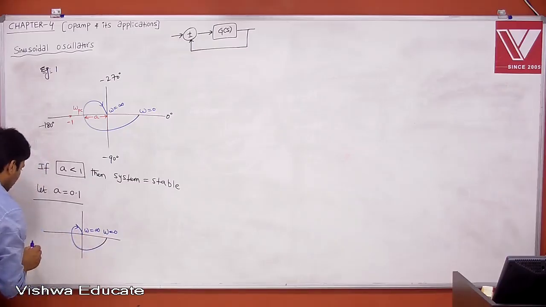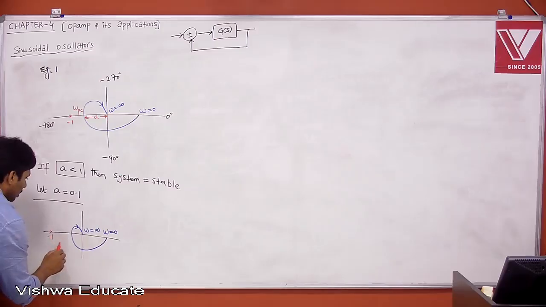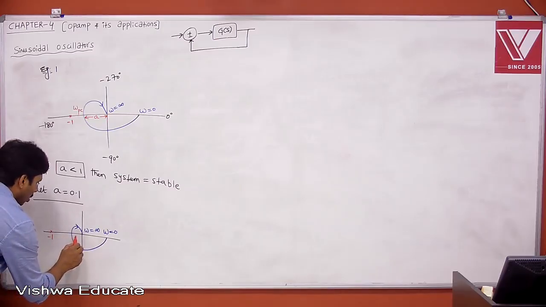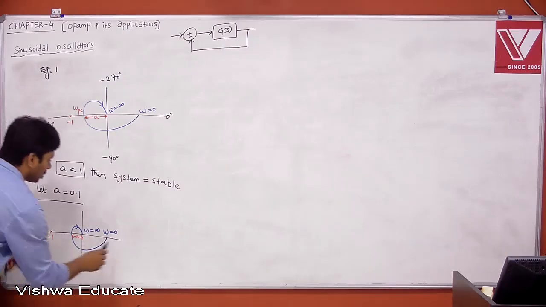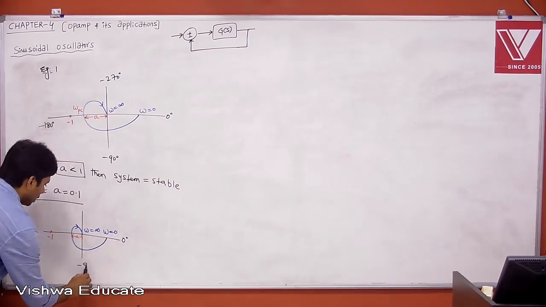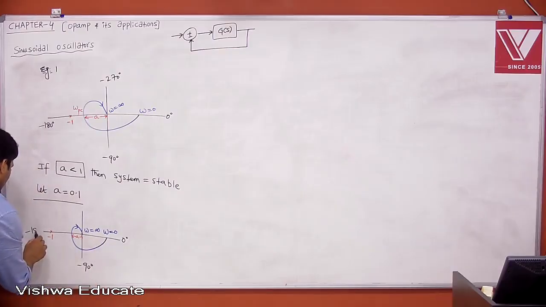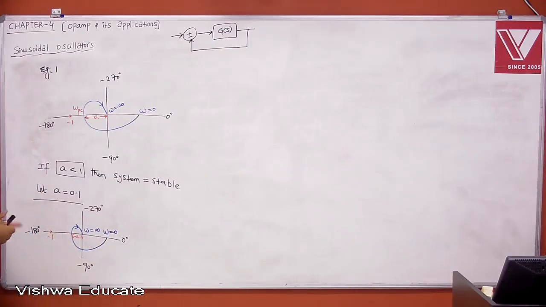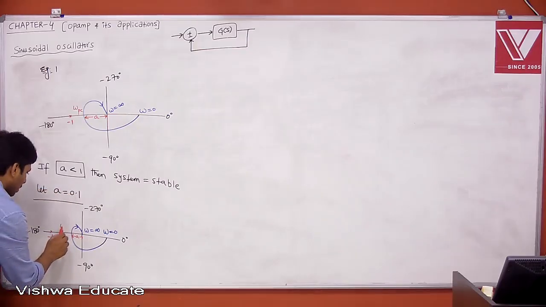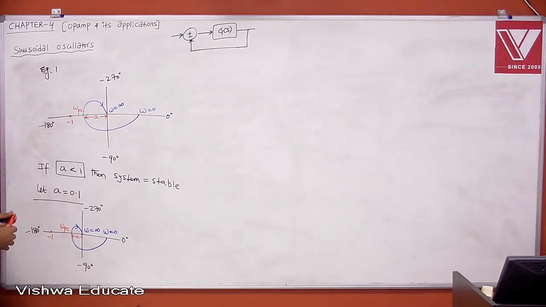This is your minus 1, and this is your A, which is 0.1. This is 0 degrees, minus 90, minus 180 and minus 270. Now A is equal to 0.1 at the phase crossover frequency, omega PC.